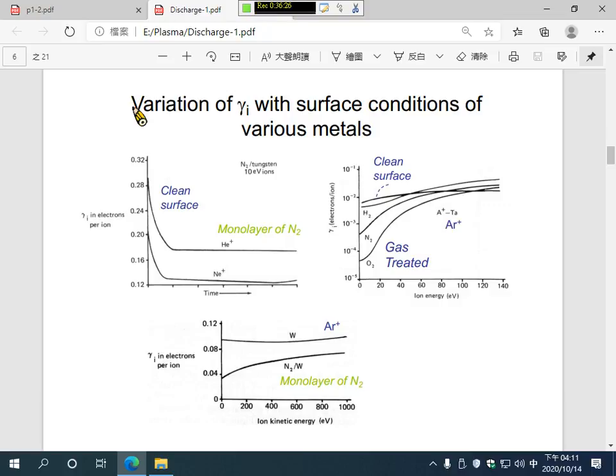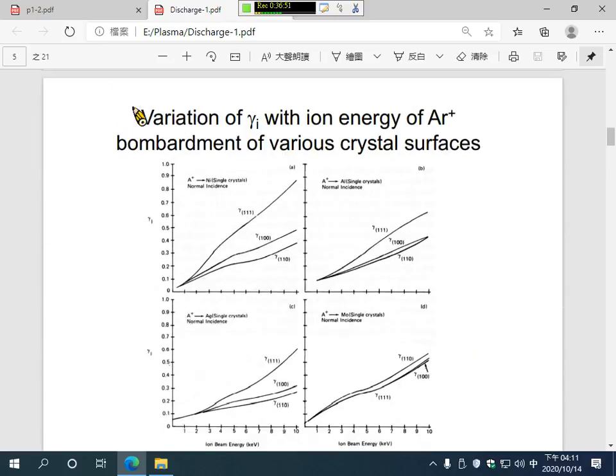So all these three figures tell us that the gamma i, the secondary electron emission by ion bombardment, also depends on the conditions of the metal surface. And the previous slide showed us the secondary electron emission yield depends on the crystallographic plane.